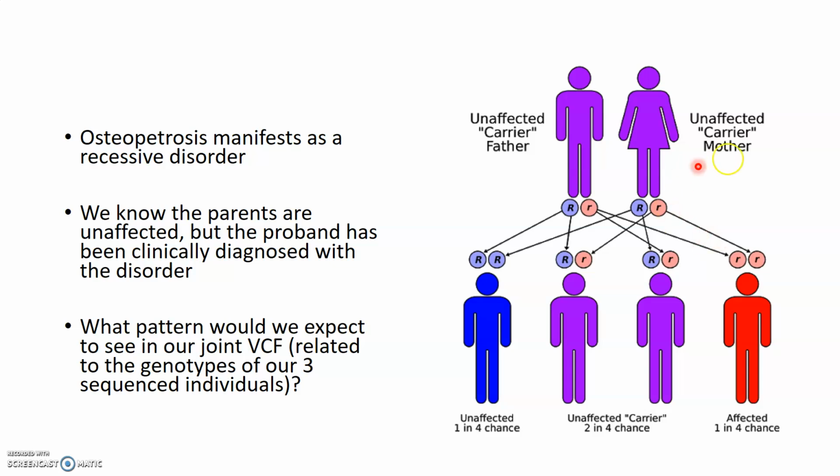In our VCF file, remember how our genotypes are termed: they're broken down into 0s and 1s, 0s being agreeing with the reference and 1s being agreeing with our alternate allele. And so we would expect that our carrier father that's unaffected has a 0/1, being heterozygous, and our unaffected mother, also being a carrier, also has a 0/1. Whereas our affected proband, who has the clinical disorder, will have a 1/1, right? So 2 copies of the defective allele.